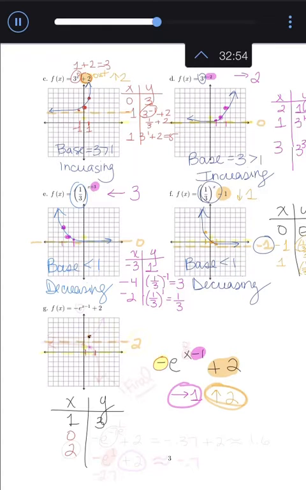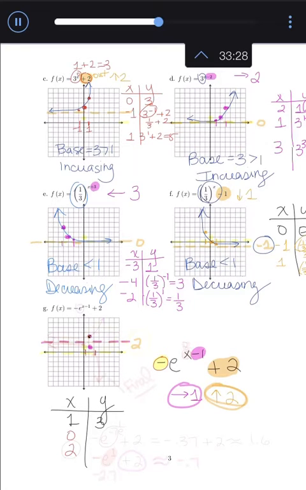What does it flip us upside down over? It flips us upside down over our horizontal asymptote here. So if I was 1 point above the horizontal asymptote, when I flip it upside down, it's going to flip me to being 1 point below the asymptote in the same spot. Now I'll plug in my 0 and my 2 to my function, see what happens, and that will give me my points on the other side.